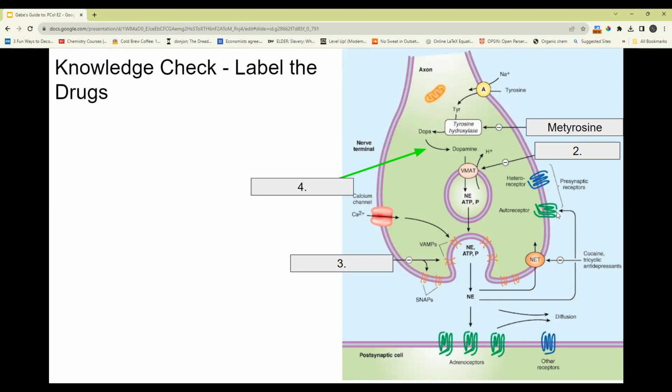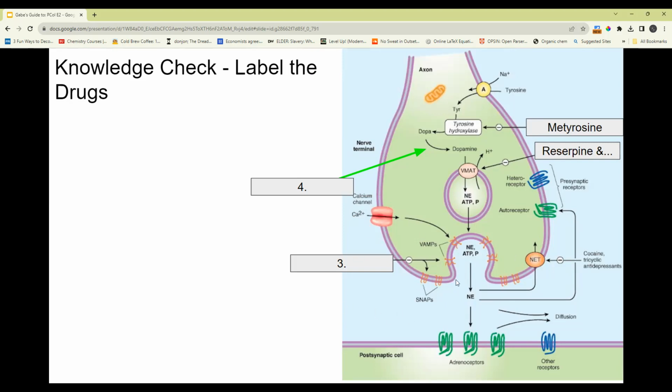What are our VMAT inhibitors? Yeah. Reserpine, tetrabenazine, valbenazine, deutetrabenazine. All those guys. Very nice.